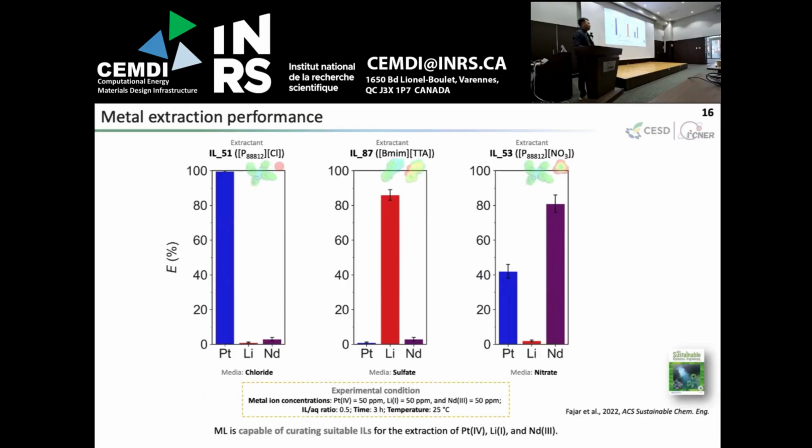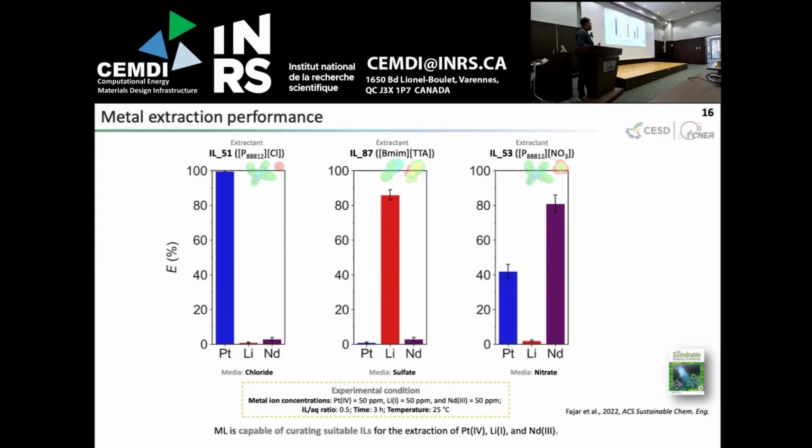And then, of course, after successfully synthesizing the ionic liquids, we evaluated the performance in metal extraction, and as predicted by our machine learning model, this ionic liquid was very selective to platinum. This one was selective to lithium, and this one was selective to neodymium with a little bit of impurities.